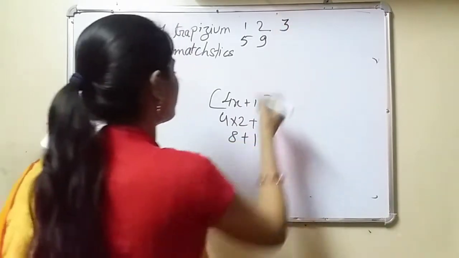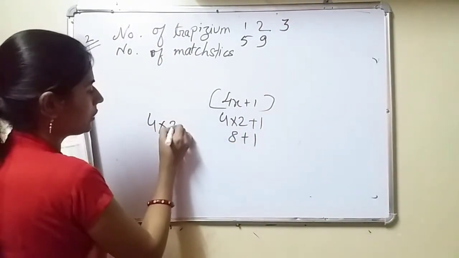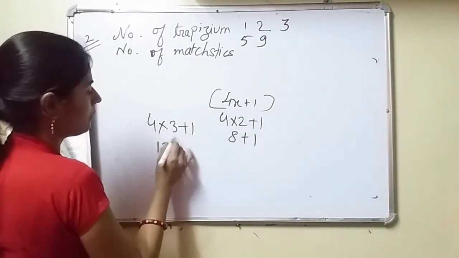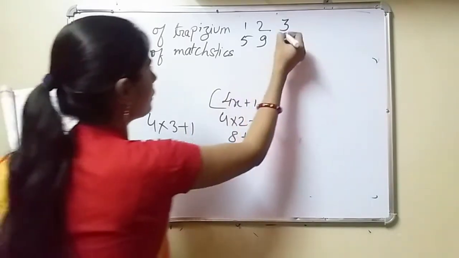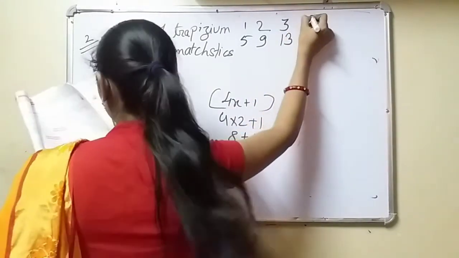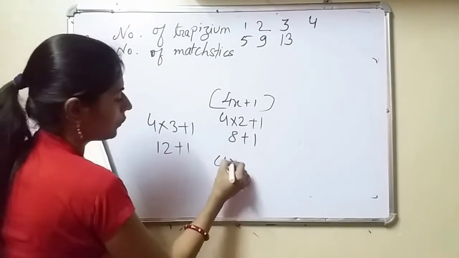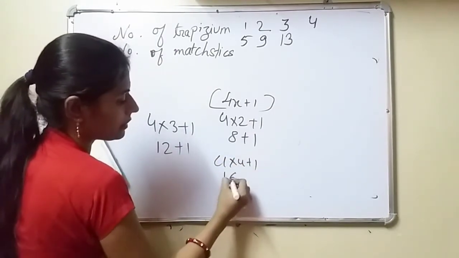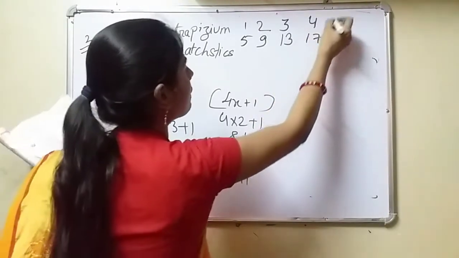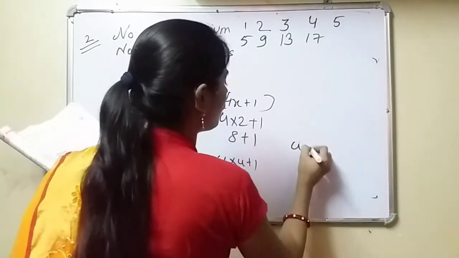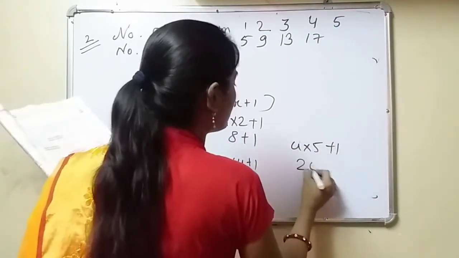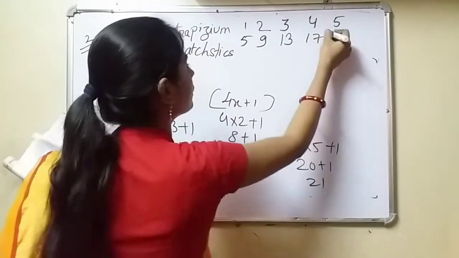Then in 3 trapeziums, 4 into 3 plus 1, that is 12 plus 1 will become 13. Then for 4 into 4 plus 1, that is 16 plus 1 will become 17. Then for 5, 4 into 5 plus 1, 20 plus 1, that is 21.